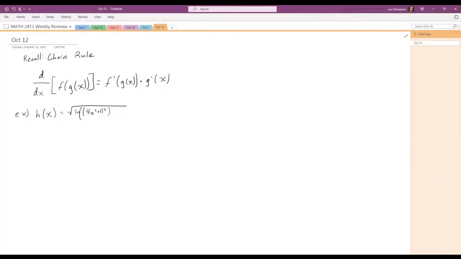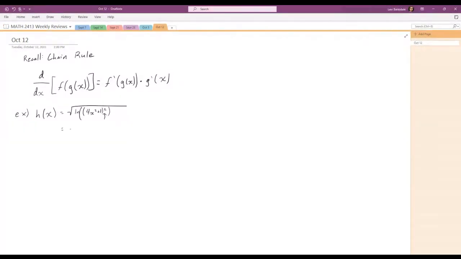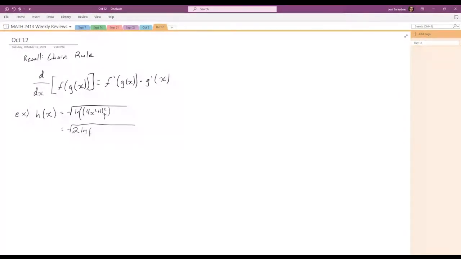Well, we want to work our way from the outside in, but first there is one trick that I'm going to do, and that is I'm going to use a log rule to get rid of this squared right here. So h is really just equal to 2 times the natural log of 4x squared plus 1. And I did that so that I wouldn't have to use the chain rule on it to get rid of this squared up here. It's a lot simpler to just turn it into a constant while I can.